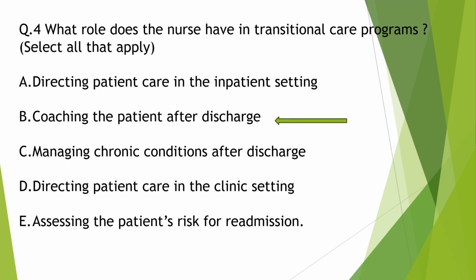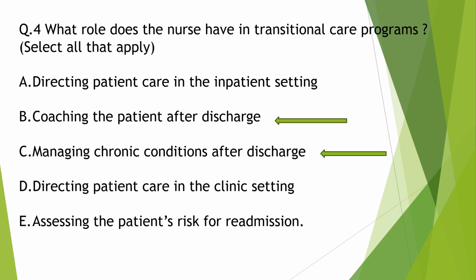You know that the first one is coaching the patient after discharge. Already previously we have said, in order to prevent readmission, we have to train the patient, that is coaching the patient after discharge. Next, managing chronic conditions after discharge.